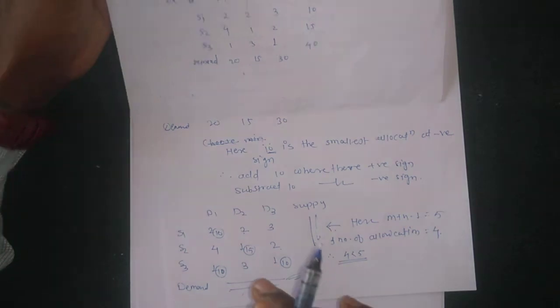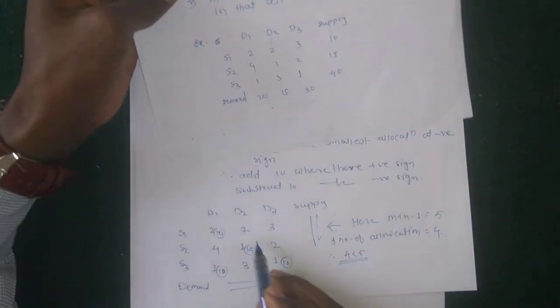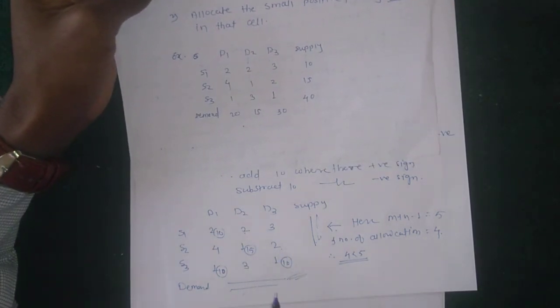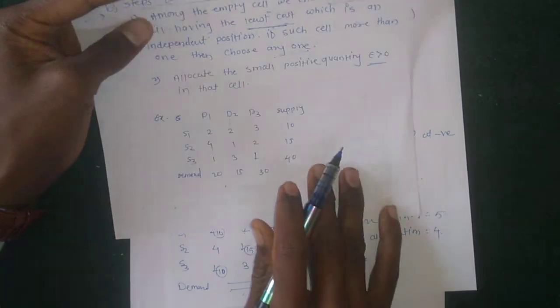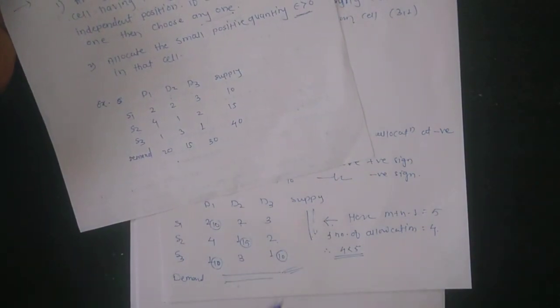Choose any one of these. If such cells are more than one, then choose any one. Then allocate a small positive quantity epsilon to the cell with the smallest cost, where epsilon is a very small quantity.